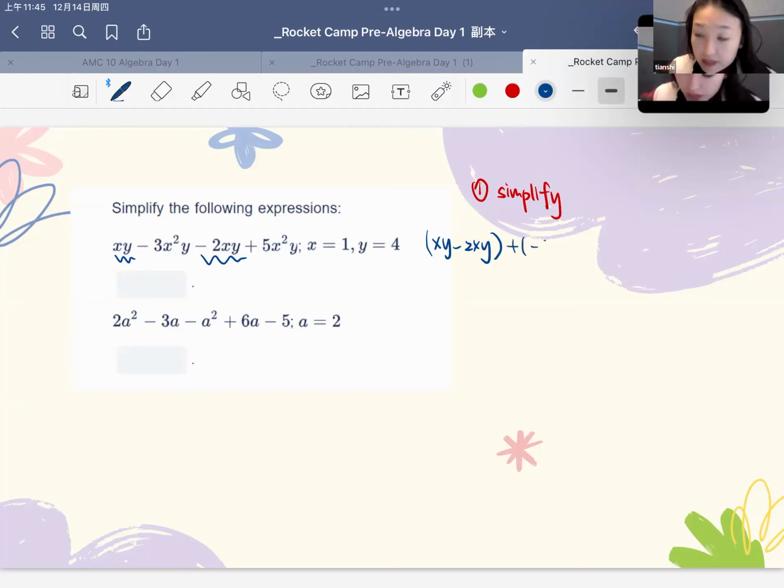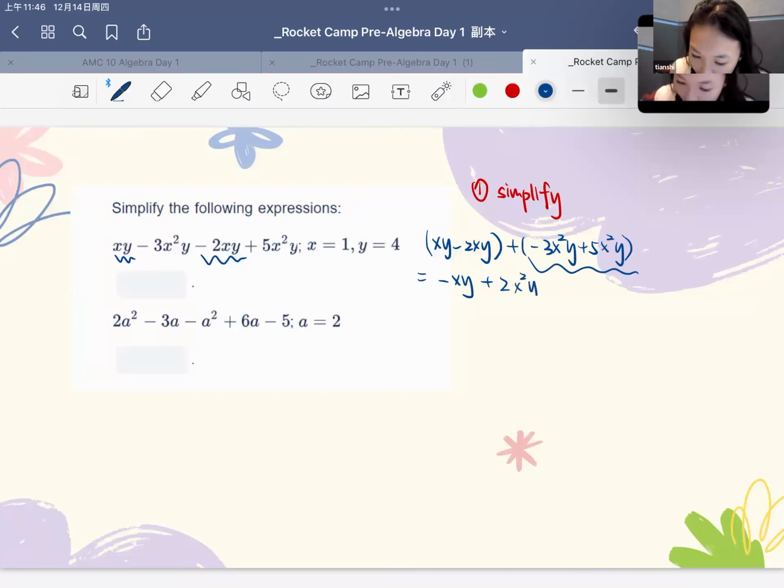So it will be negative 3x squared y plus 5x squared y, right? So what do we have? We will have negative xy. And what do we have for the second part? We will have plus 2x squared y. So this one will be the simplest form for the polynomial.